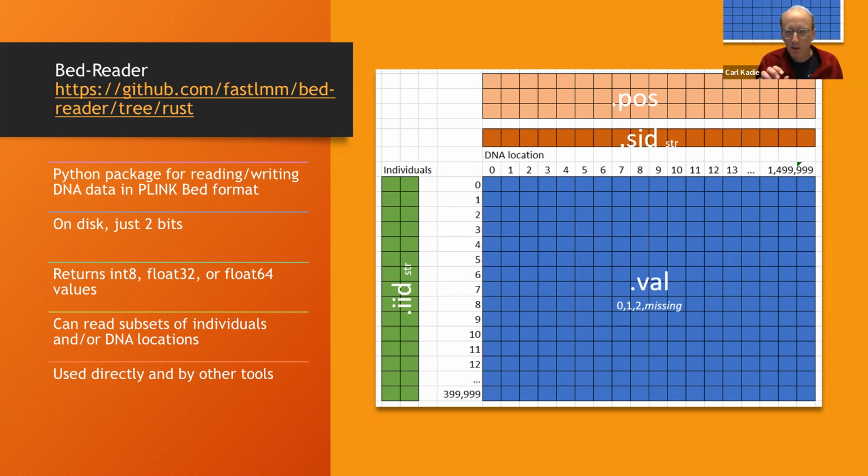It will do a random access, only read that data from the disk, and only return the data you're interested in. So it's very common to say, I want the data for all the individuals, but for the first 100 DNA locations, that's 1 chunk. Now the next 100 DNA locations, the next chunk, and so on. And that's easy to do.